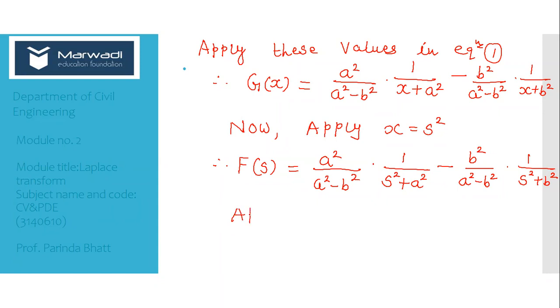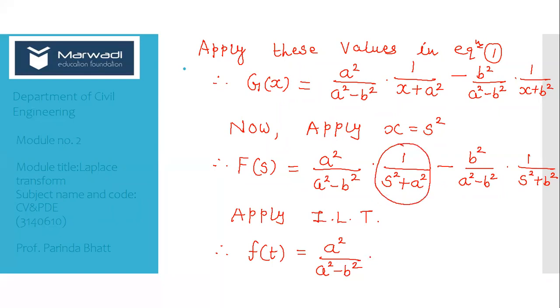Now apply inverse Laplace. F of t. This constant term stays as it is. What is the inverse Laplace transform of this? 1 by a sine at, minus b square upon a square minus b square, and this is a similar one, but this is 1 by b sine bt.